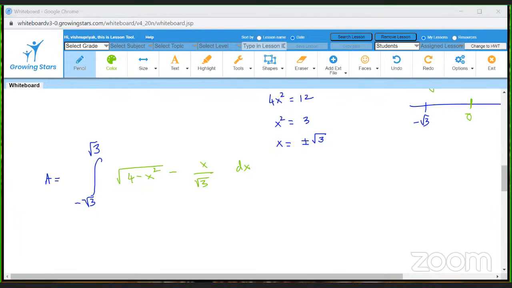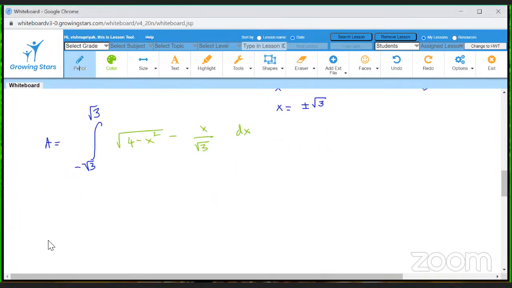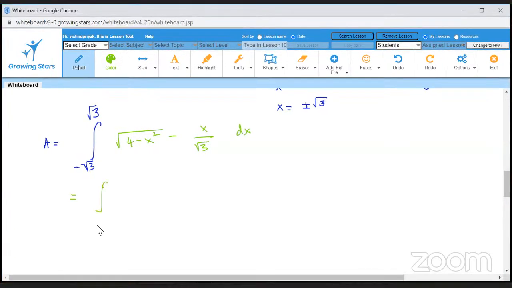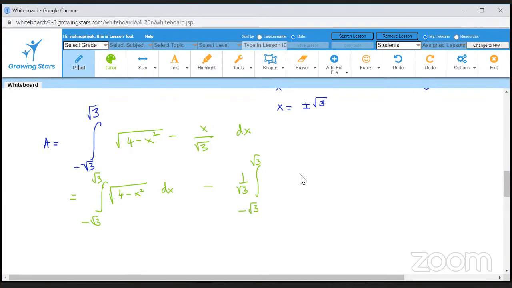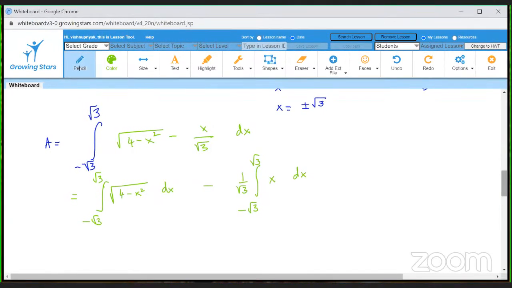Now the question is how to find the area, how to find the integral. The integral here: suppose you take this one, minus root 3 to root 3, square root of 4 minus x squared. Then minus root 3 to root 3, 1 by root 3 outside, x dx.